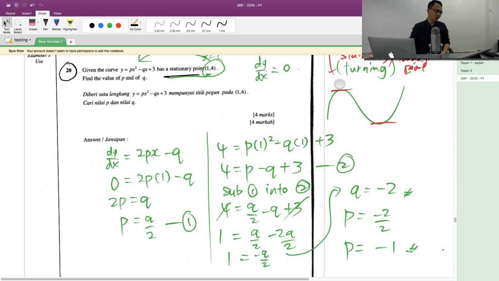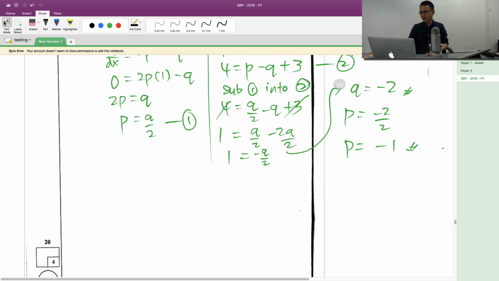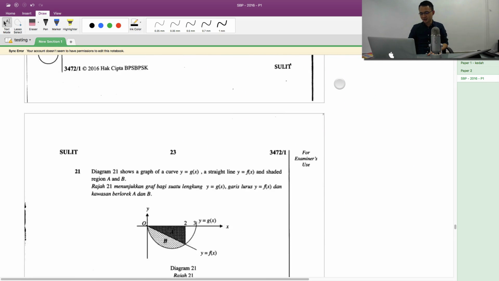But even if you use completing the square, you will need one more equation, I guess. Normally dy/dx and completing the square are the only things in AddMath you use to solve maximum, minimum, stationary or turning point. Okay, I hope I do answer your question.